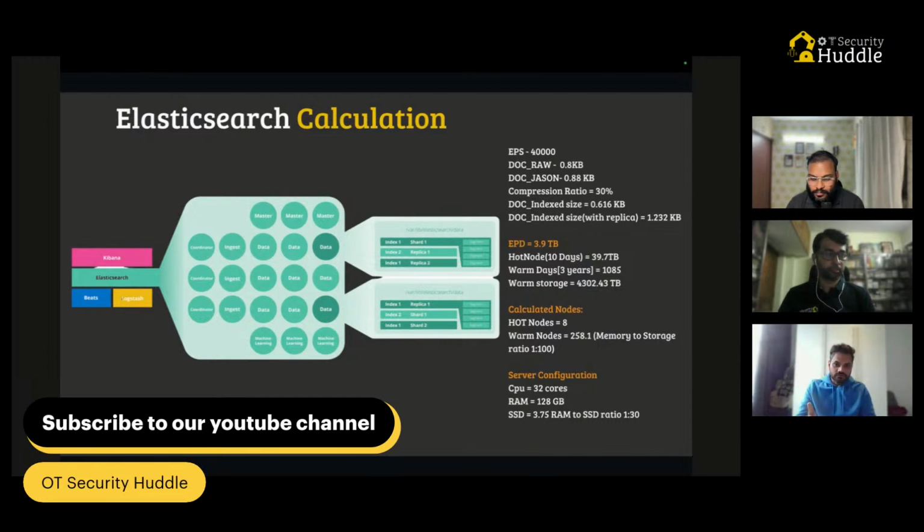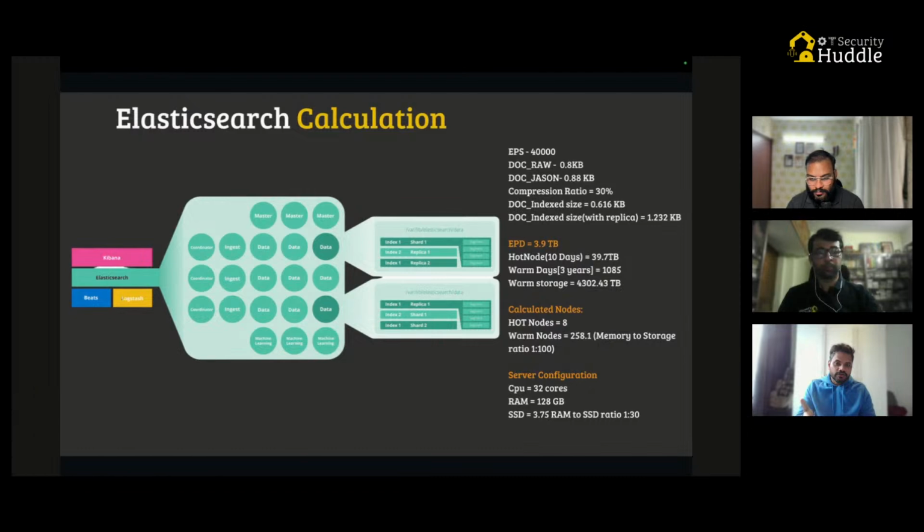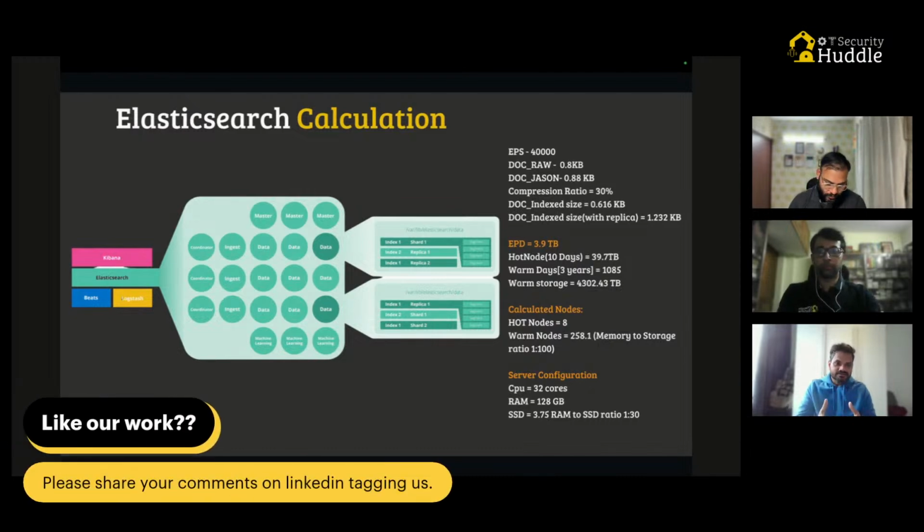And if you want to see that data on a SOC dashboard, then you need hot nodes. Hot nodes have very fast hard disks, like SSDs, and very fast RAM. It will take 8 nodes here, you can see the calculated nodes. And if you want to keep some data in warm storage for 3 years, that will be 4302 TB, and for that you will need 258 nodes.